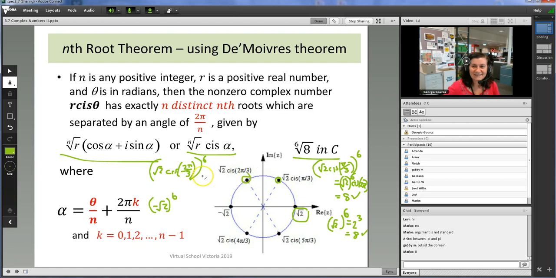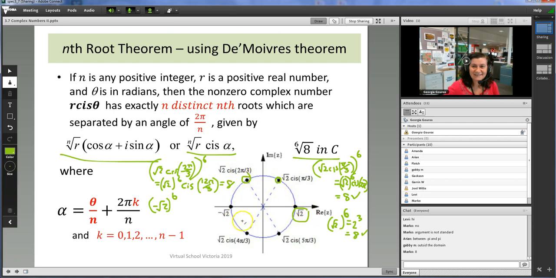What about this one? The one in the second quadrant here. That's root 2, according to De Moivre's theorem. That's going to be root 2 to the power of 6 for the modulus. And then that's going to be cis of 6 times 2 pi, that's 12 pi on 3, which is the same as cis of 4 pi, which is also going to be equal to 8.